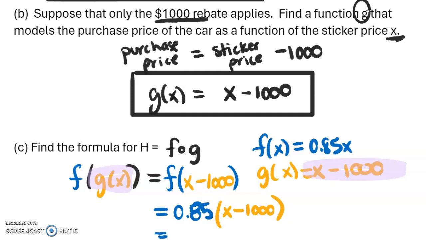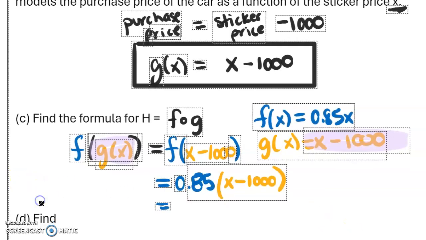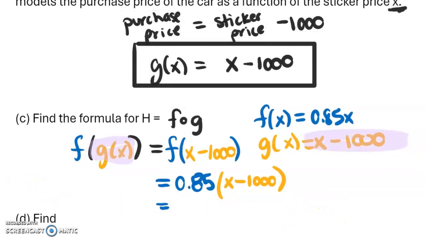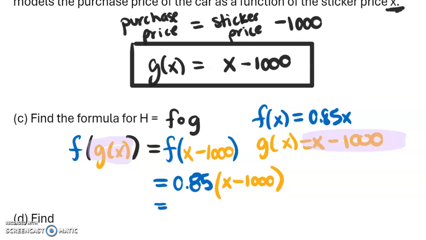And now I am going to distribute the 0.85 to this term and to this term.